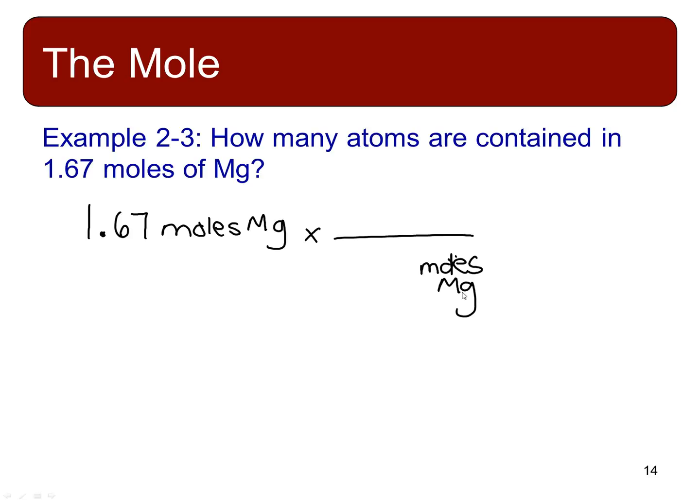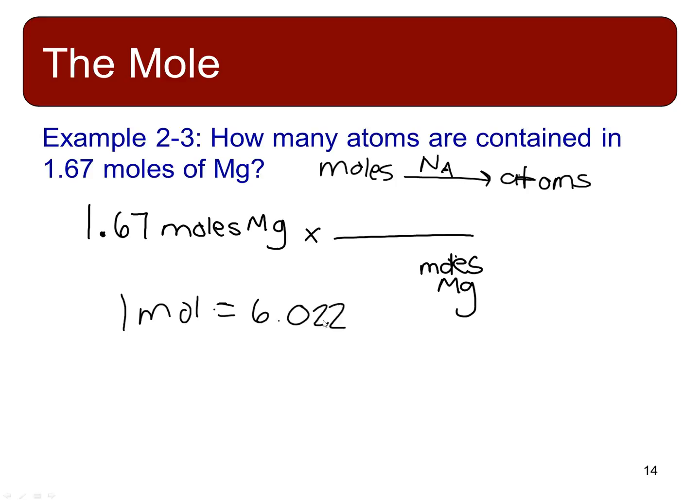All right, so we've got to go from moles to atoms. Okay, we're going to do this by using Avogadro's number, this is our shorthand for it. So we know that 1 mole is equal to, what you guys told me, 6.022 times 10 to the 23rd atoms, because that's what we're looking for here.